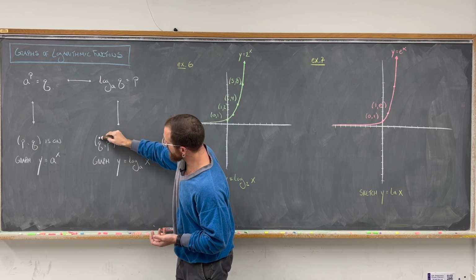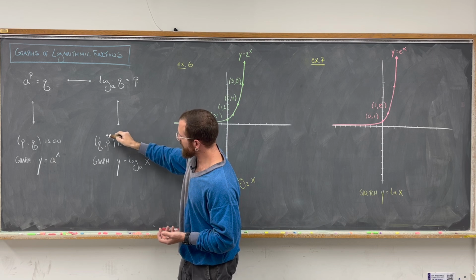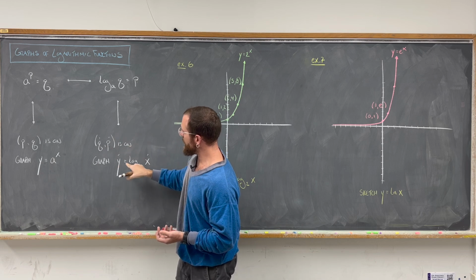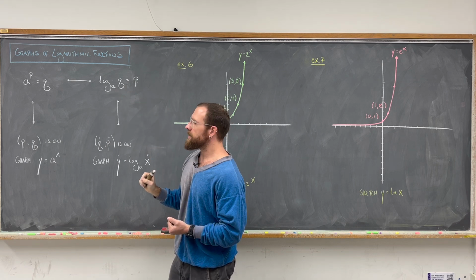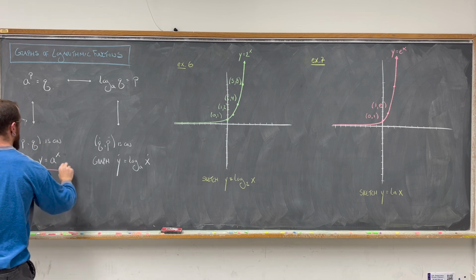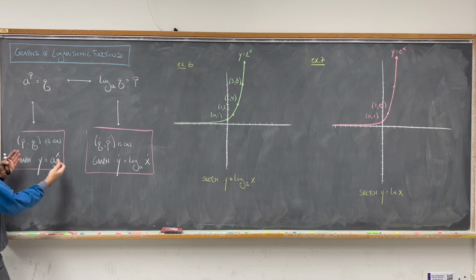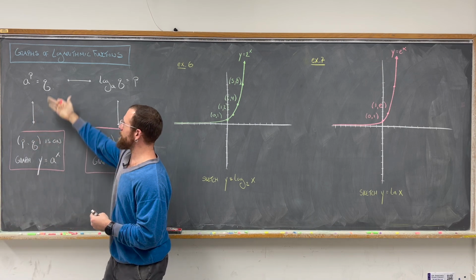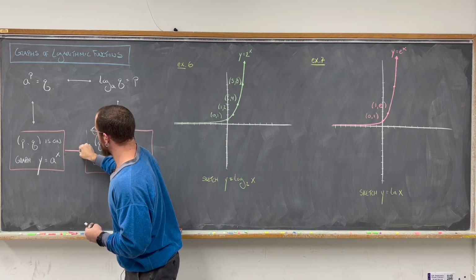If you plug q in for x and p in for y, it says p equals log base a of q. That's what I'm saying. So what this is telling me is that I want to make the connection straight from here to here. Since this is the same as that, which is the same as that, these are saying the same exact thing.